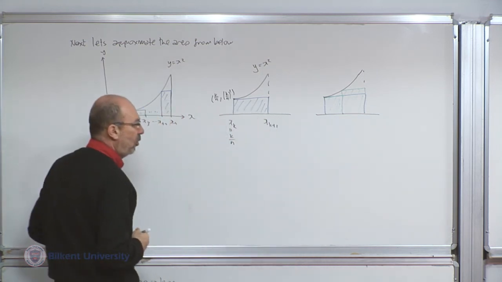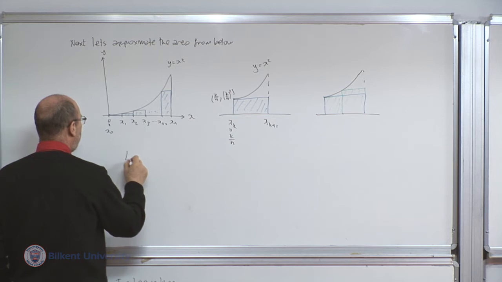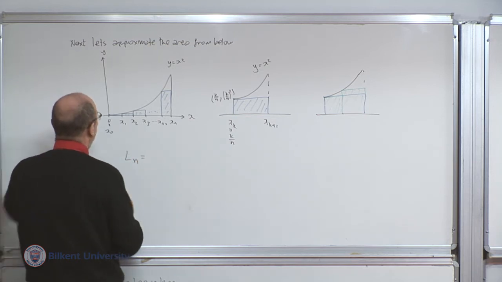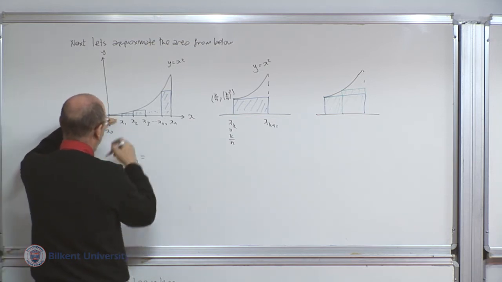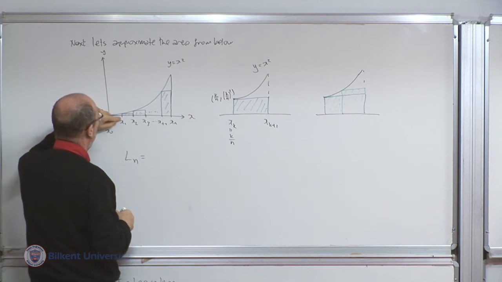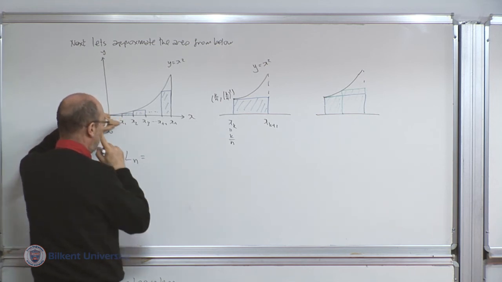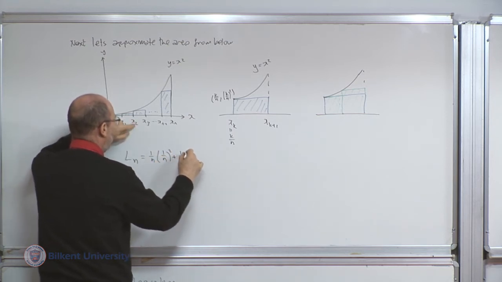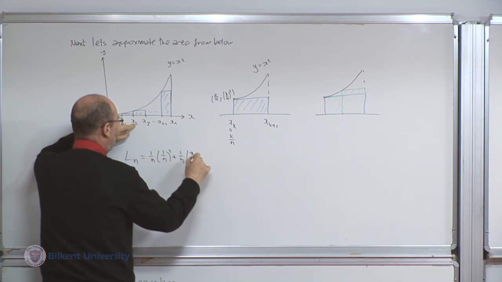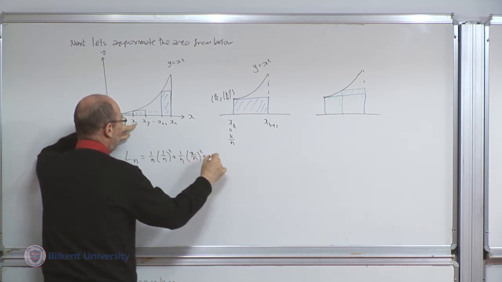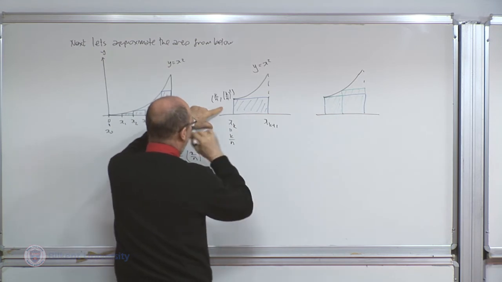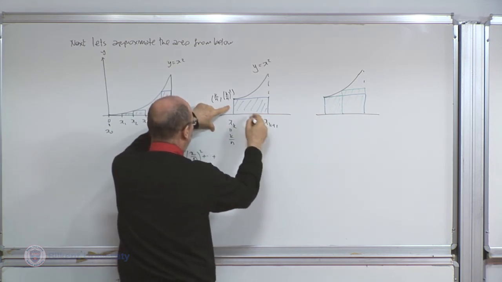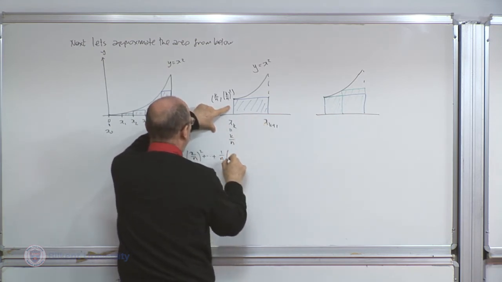This is now called the lower Riemann sum, L_n. The area here starts from 0, so let's leave 0 out and start from x1. So 1 over n times 1 over n squared, plus 1 over n times 2 over n squared, plus, in general, base 1 over n and height k over n squared.